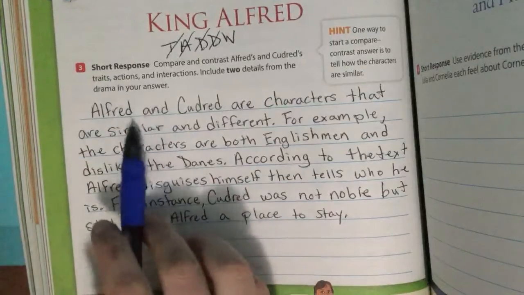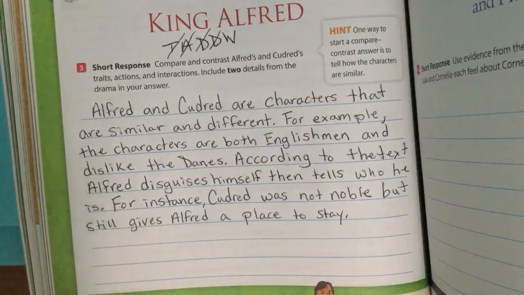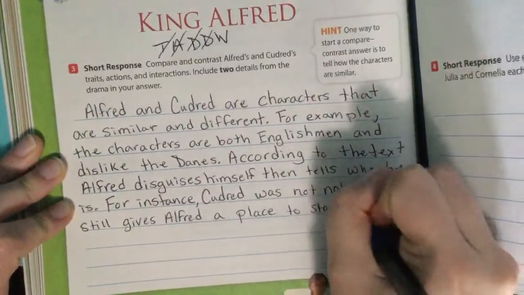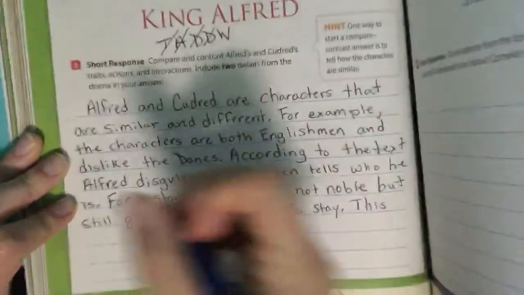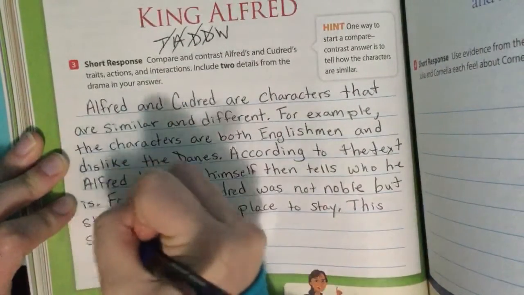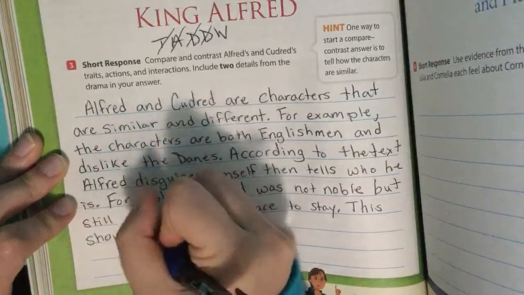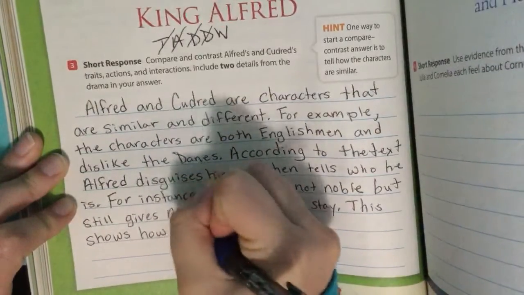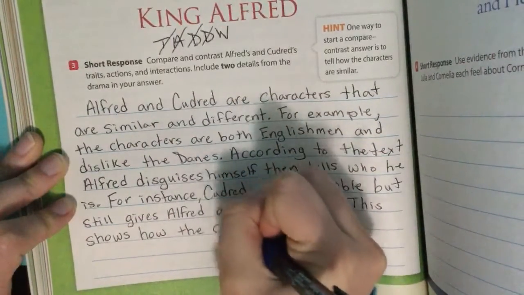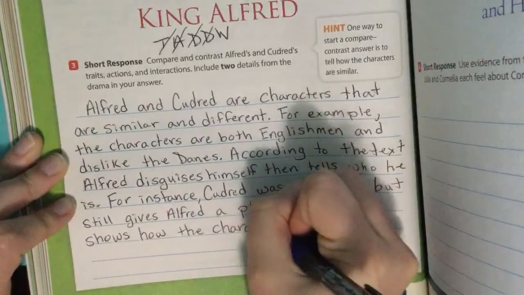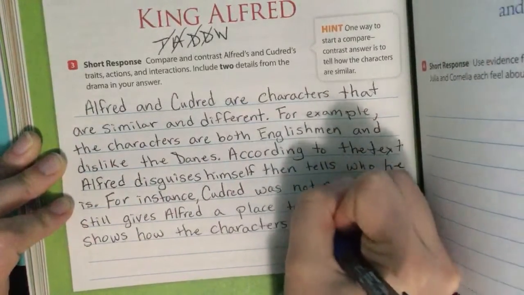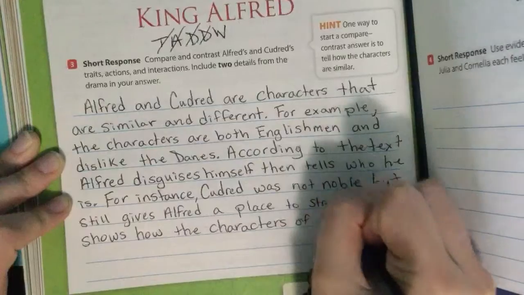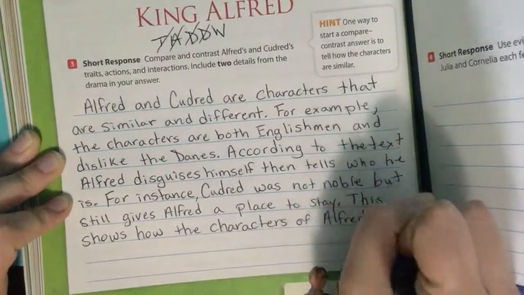We usually use what we did in our first sentence. So we can say, this shows or proves, shows how the characters of Alfred and Codred are similar and different.